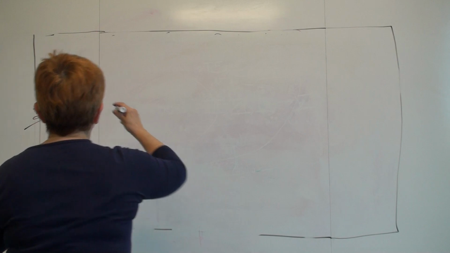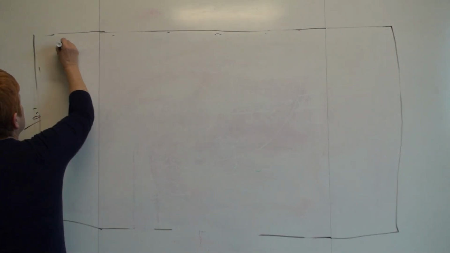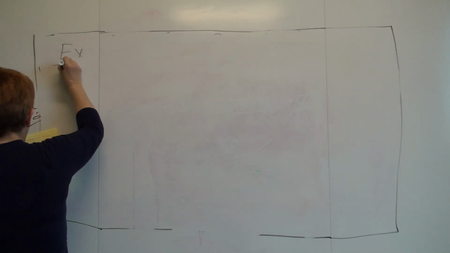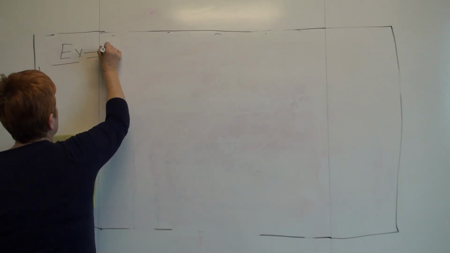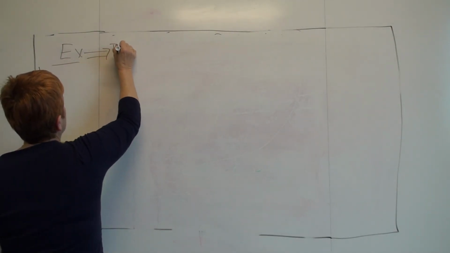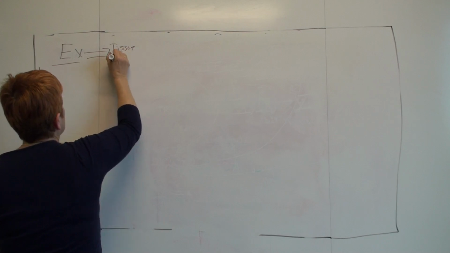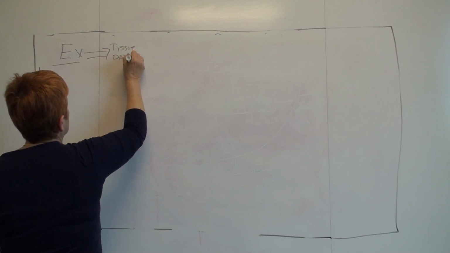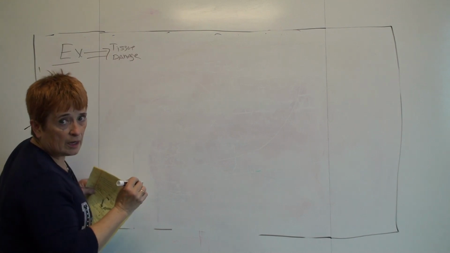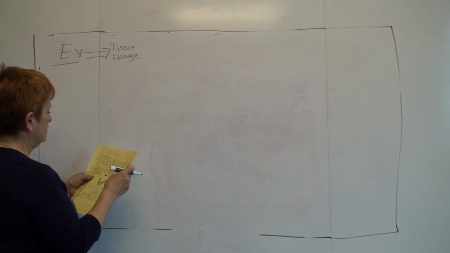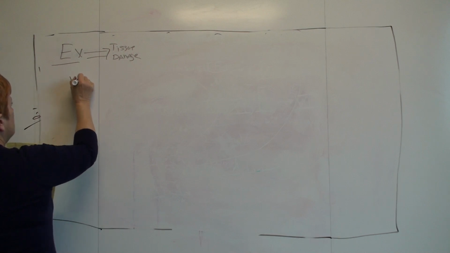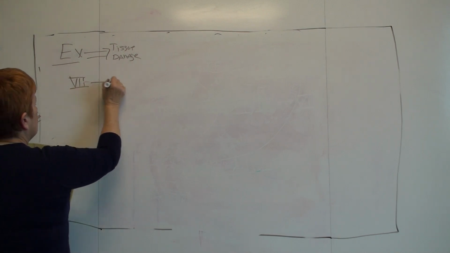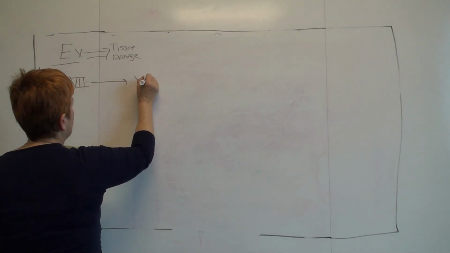Extrinsic pathway. First of all, we've got tissue damage. And what's going to happen is we need 7 going to 7A.